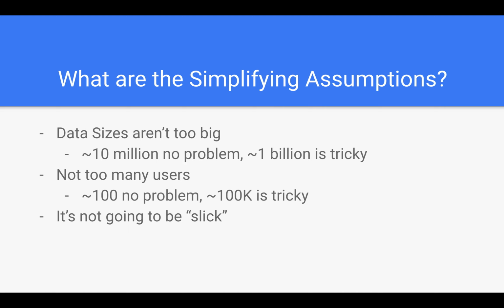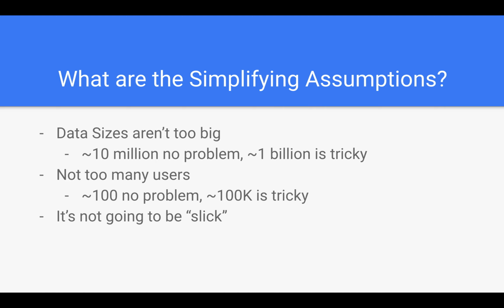And if you think about these numbers, these are very, very reasonable numbers for small to medium-sized businesses. So if you, for example, have a widget that is tracking your customer orders, well, if you get to 1 billion customer orders, you're really, really happy. Okay, that is a good problem to have.